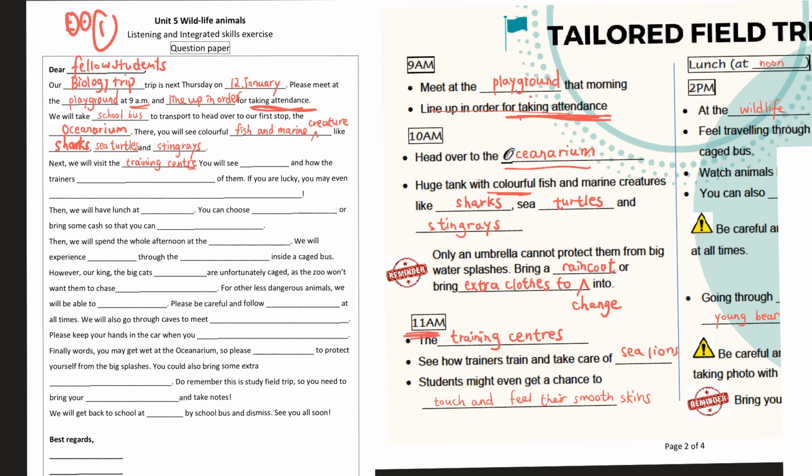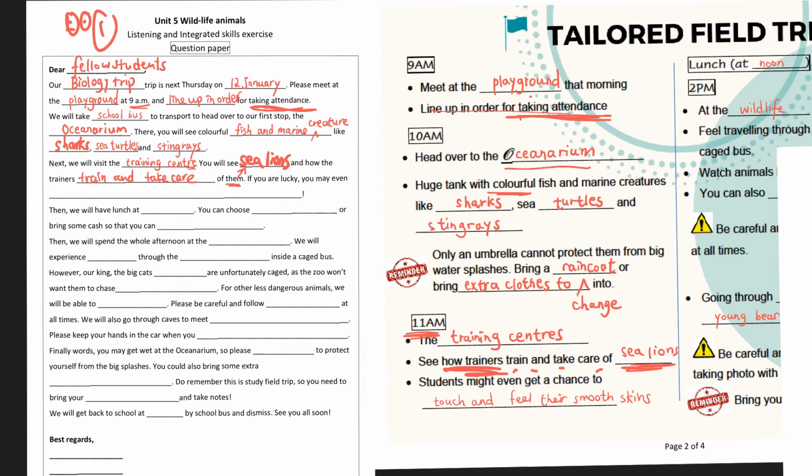The first thing is you're going to see the sea lions. Okay, so the sea lions and how trainers train and take care of them. So them refers to the sea lions.